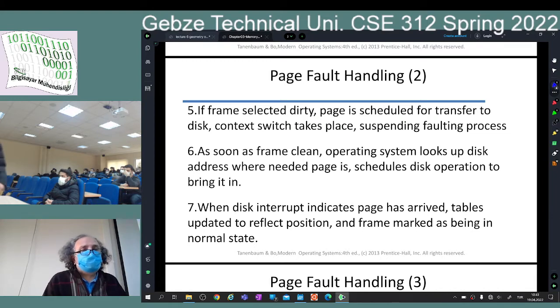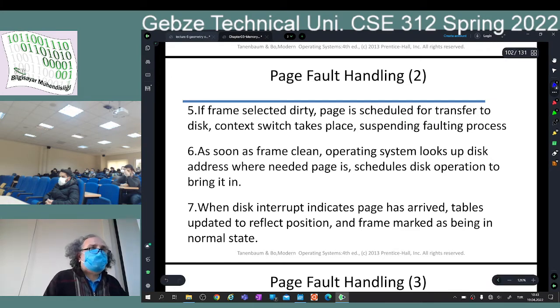With demand paging, there are always some free pages available. So you basically just choose that free page without doing any replacement, and you load your data from the disk to that free page. But in this case, it assumes that you are doing the page replacement.